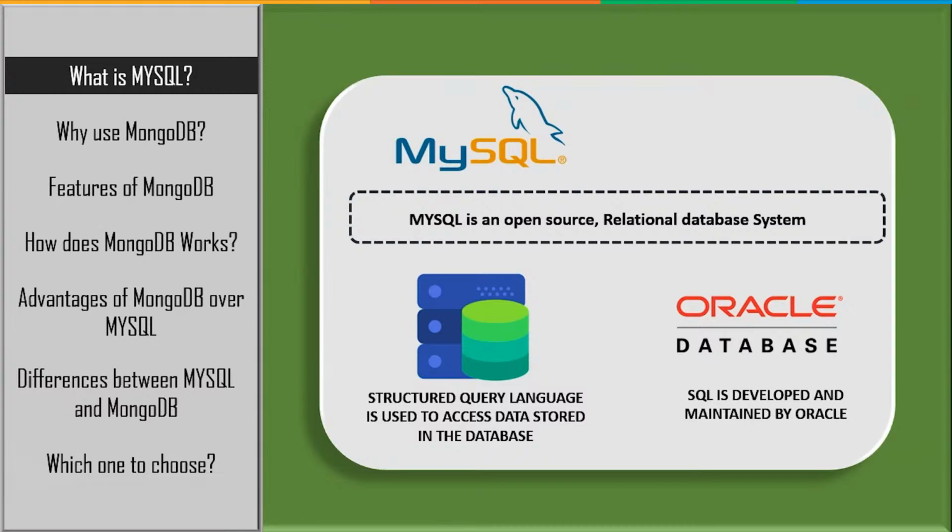In MySQL, you predefine your database schema based on your requirement and set up rules to govern the relationship between the fields in your table. So any changes in schema necessitate a migration that can take a database offline and significantly reduces the application performance. So that was about MySQL.